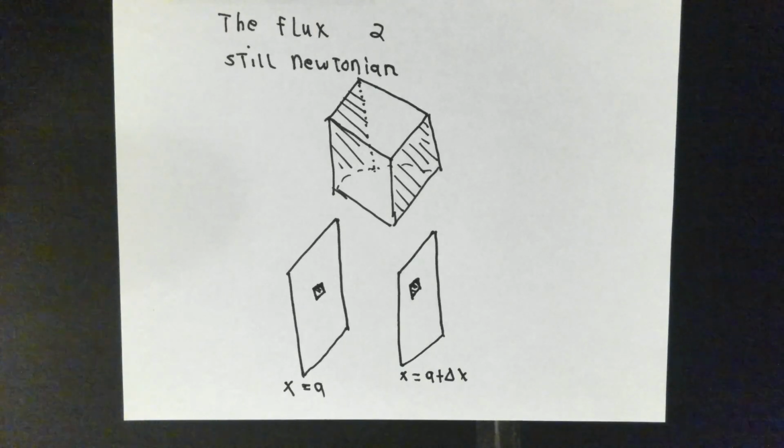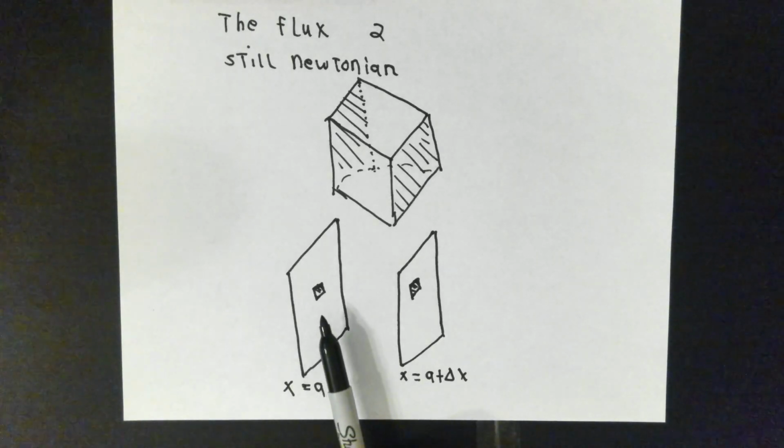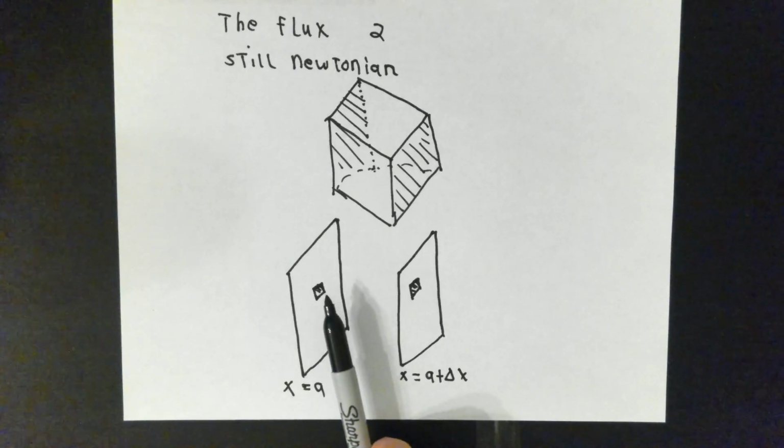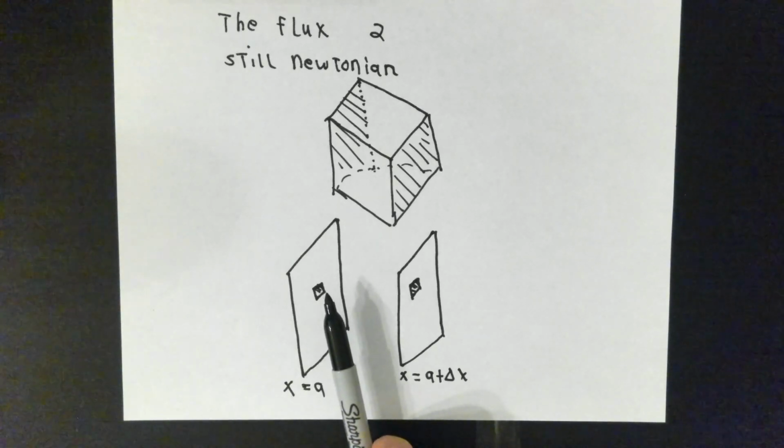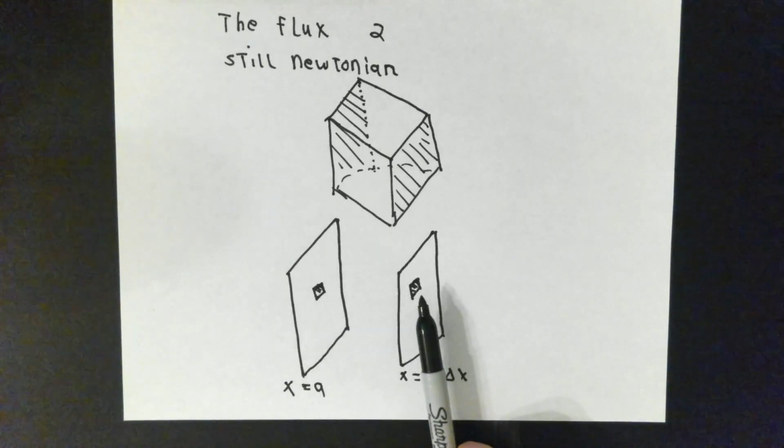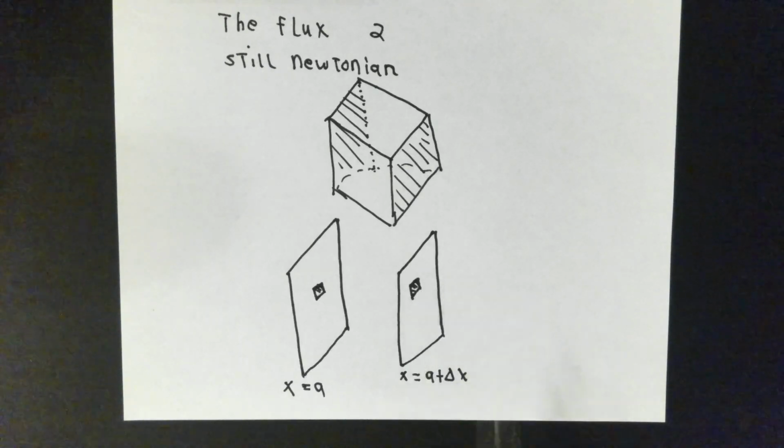Even though dust travels in parallel lines, it is not necessarily true that a dust particle entering the cube through this bit of the surface exits the cube out of this piece, because the particles may well not be moving parallel to the normal direction of the two planes.